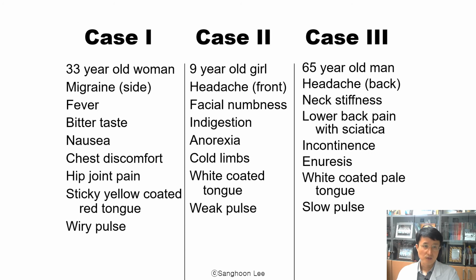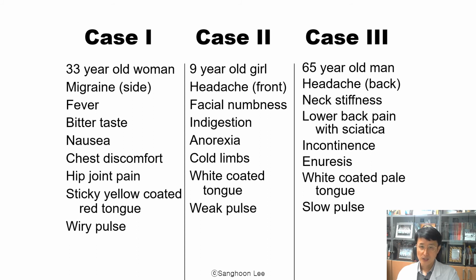a 33-year-old woman who has migraine, fever, bitter taste, nausea, chest discomfort, hip joint pain, sticky yellow coated red tongue, wiry pulse. Case 2, 9-year-old girl, headache on the front, facial numbness, indigestion, anorexia, cold limbs, white coated tongue, weak pulse.